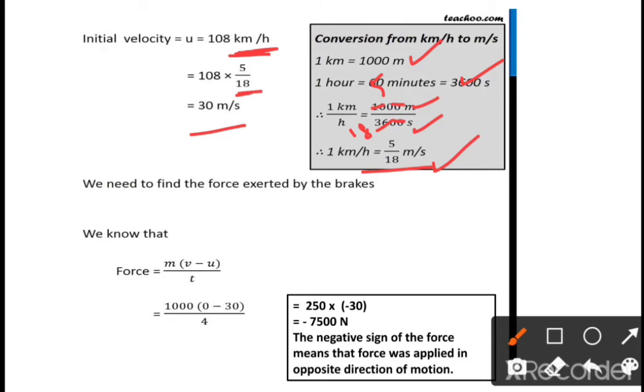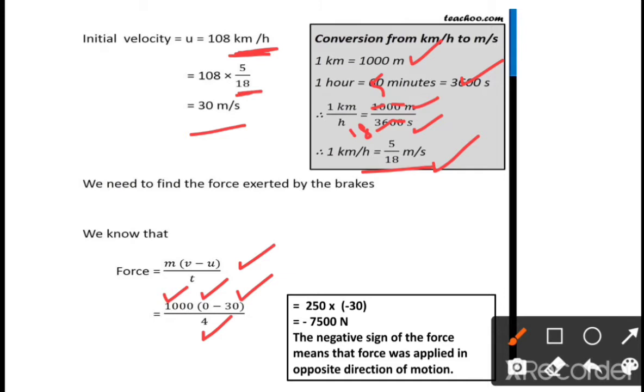We need to find the force exerted by the brake. You know the formula, force equal to m into (v minus u) by t. The value of m is 1000, the value of v is 0, the value of u is 30, the value of t is 4. These are known values.